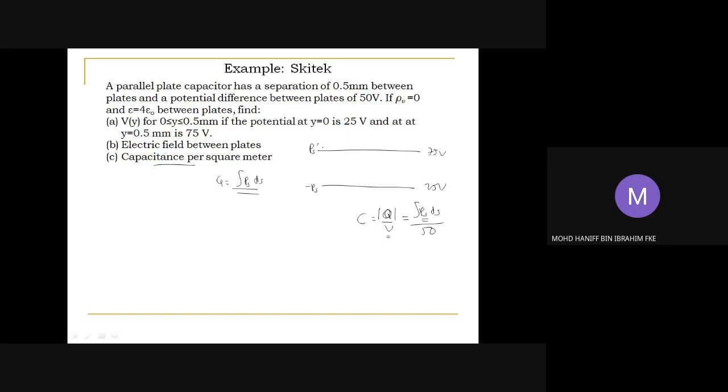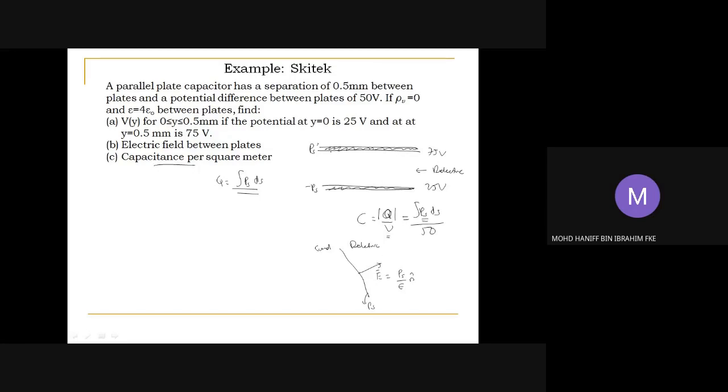This is a capacitor, and a capacitor consists of conductor plates and dielectrics. We learned in boundary conditions that if there is a charge of rho s on the boundary of a conductor and a dielectric, the E field will only exist in the dielectric, given by rho s over epsilon in the direction of the normal, which is away from the conductor. You can refer back to the chapter 5 lectures.